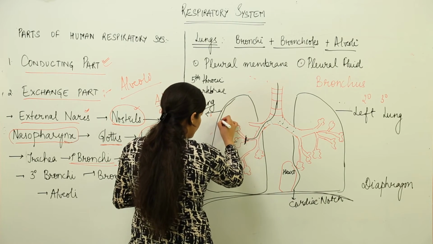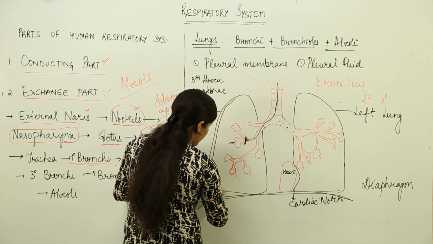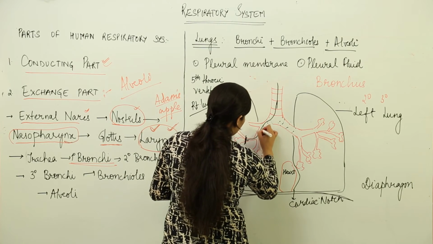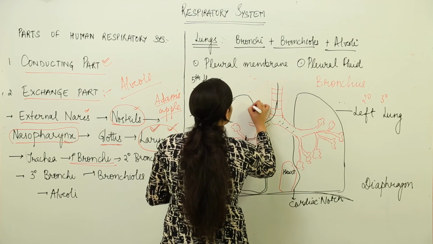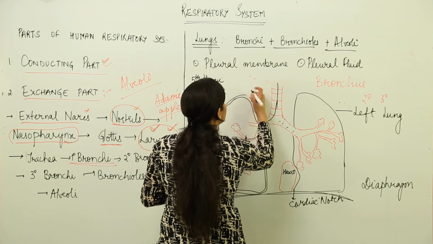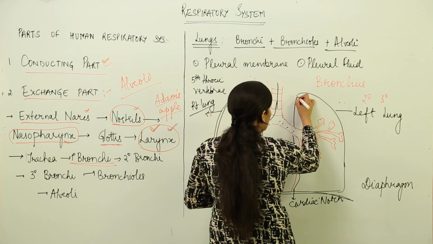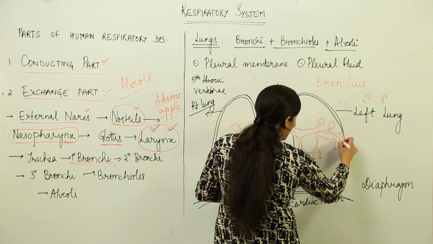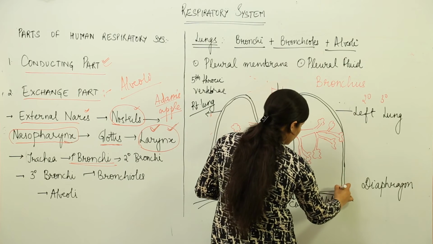It has a membrane. Every organ in our body has a membranous entity, so do lungs. This membrane is known as pleural membrane.